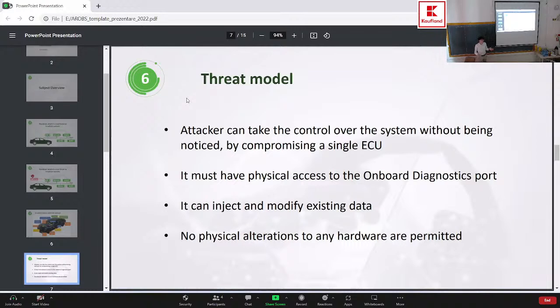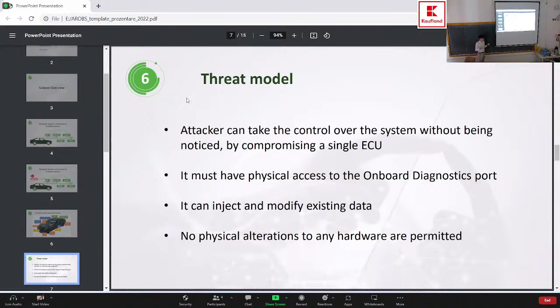But, okay, what can happen if an attacker succeeds in intruding into the system? The attacker can take control over the system, having only physical access to the onboard diagnostic port, which is used by mechanics in order to see the tests, in order to see the problems encountered on the system.